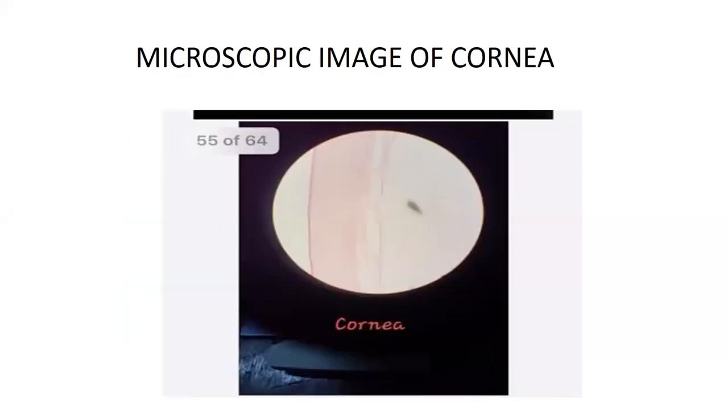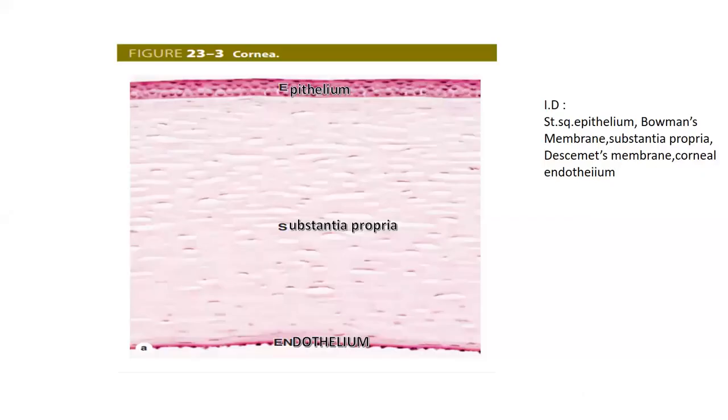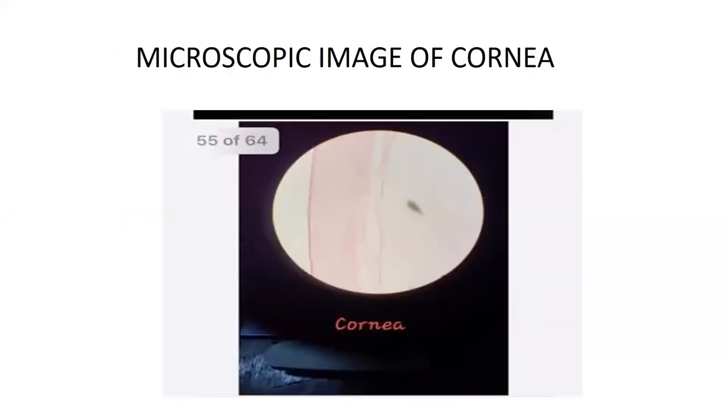So this is the microscopic image of cornea. That was the previous image that I showed you, taken from your book, just to explain the basic structure. Now the image that I'm going to show is the microscopic image that you will exactly see in your microscope, taken from the slide in your lab. Here you can see the epithelium.